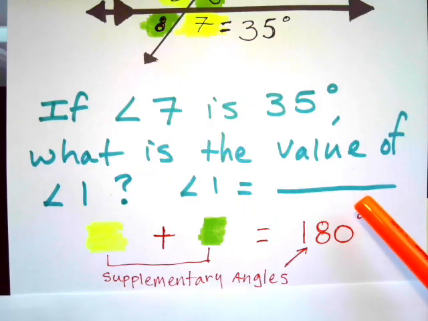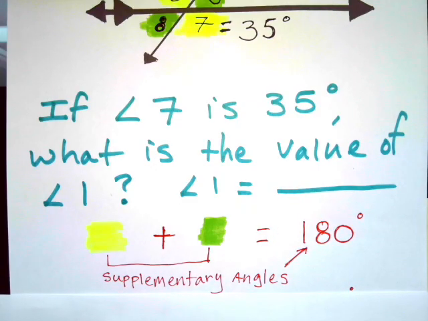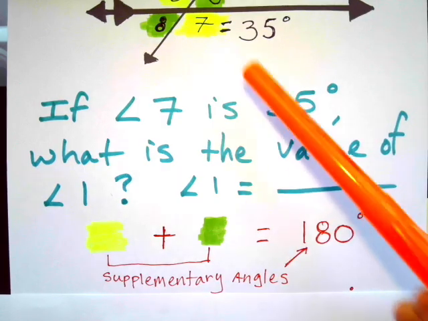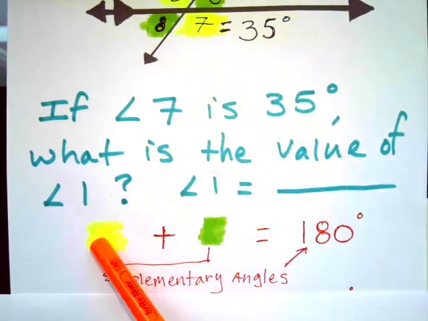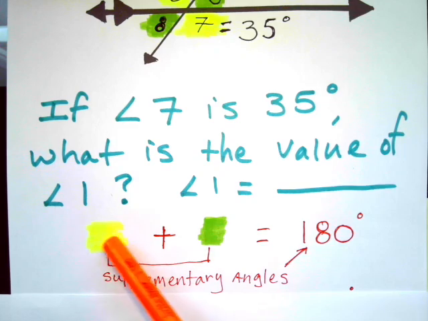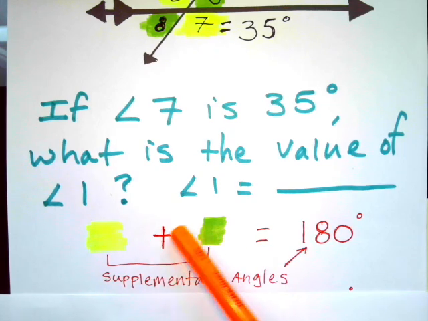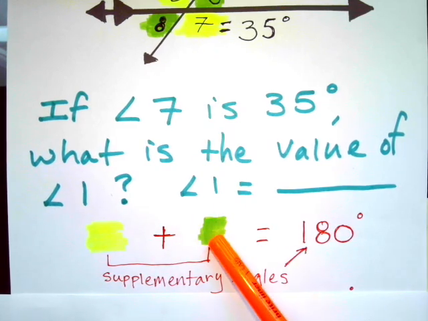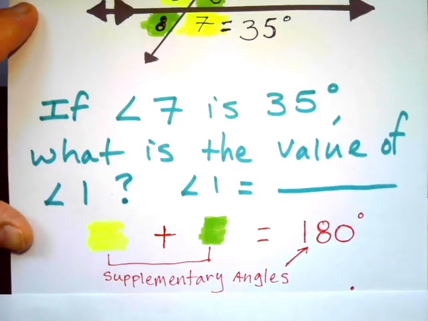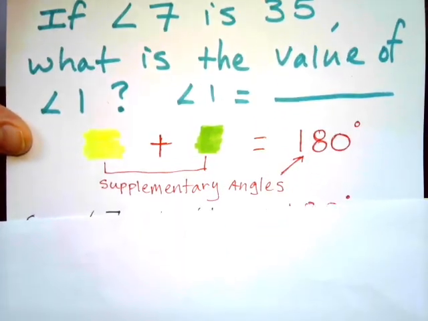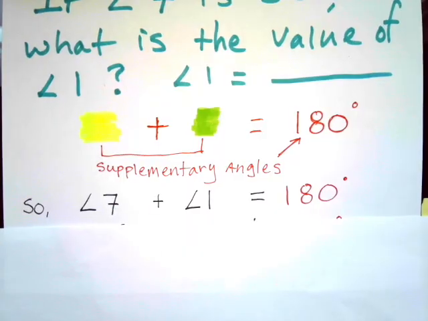They'll add up to 180 degrees. Since angle 7 is 35 degrees, I'm going to substitute 35 here, plus angle number 1, which I don't know.